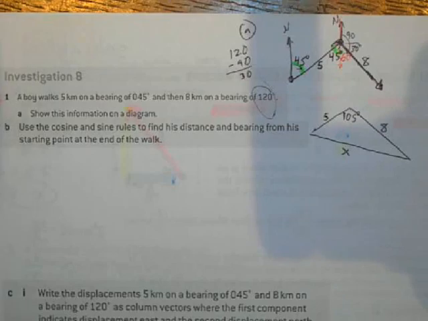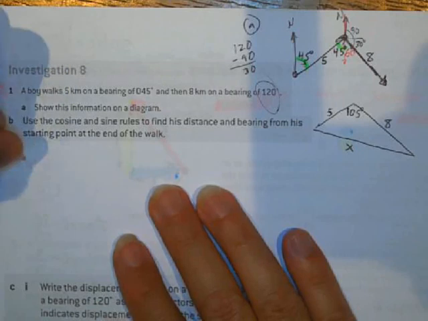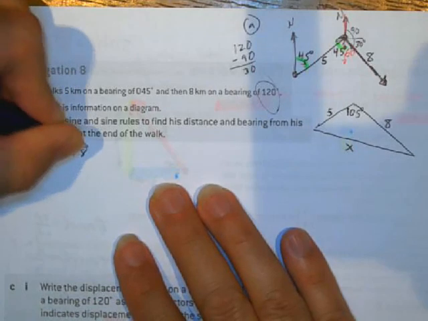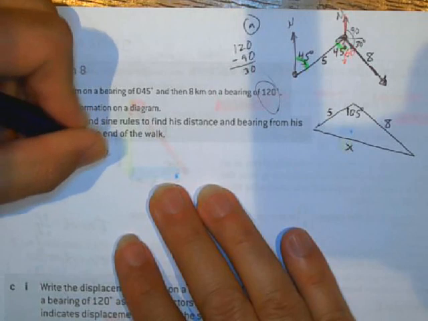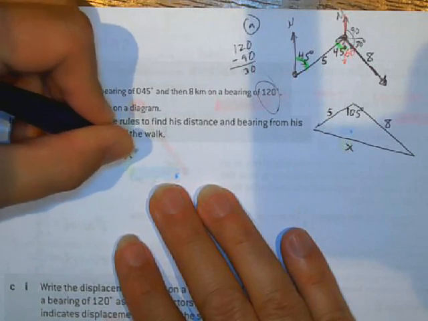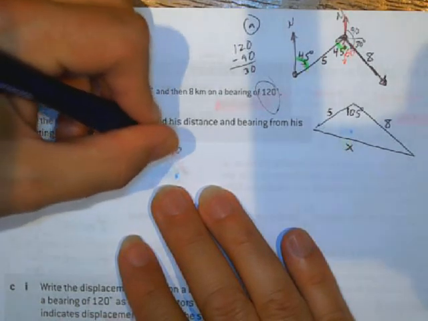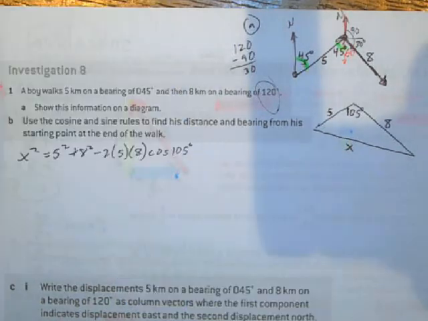So we're going to say x squared equals 5 squared plus 8 squared minus 2 times 5 times 8 cosine 105. You might want to hit pause and rewind to see that.